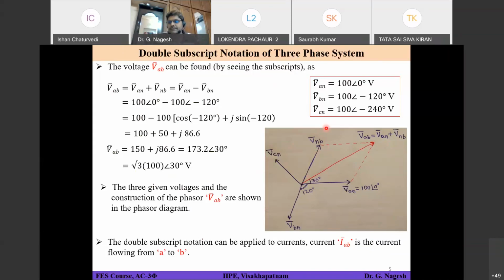You are understanding now? So if I write VCAB, I can call it VCA with respect to B. That is also possible. But if you put a small hyphen, it indicates the voltage of phase C with respect to the AB voltage. This notation was given for our understanding.